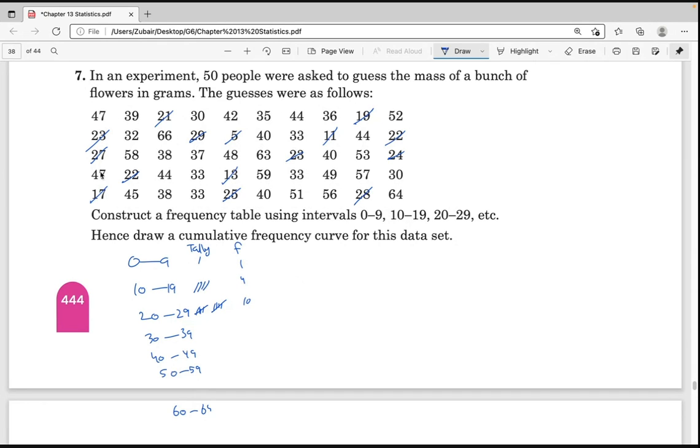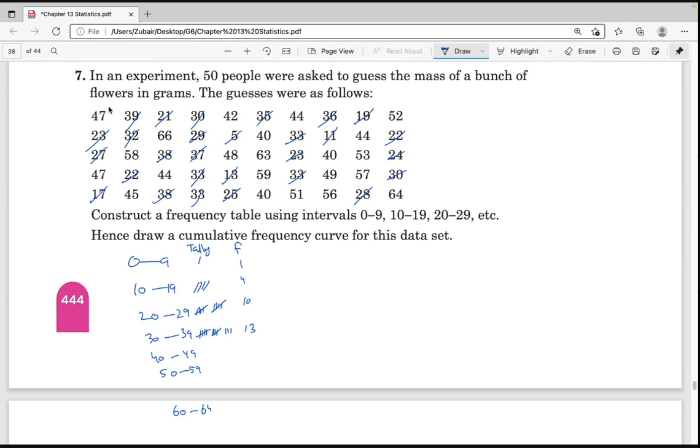Then 30 to 39: 1 to 13, and again 1 to 13.